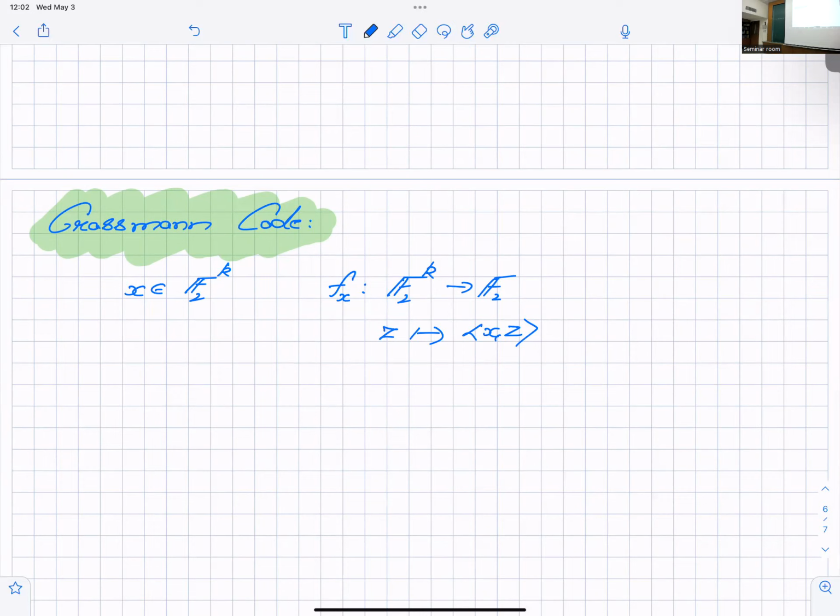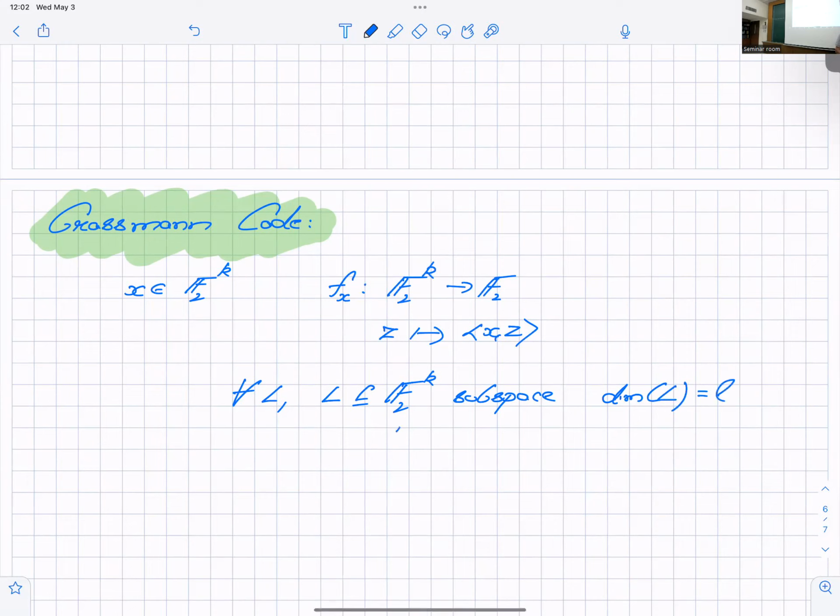But now what I will further do in the Grassmann code is this: instead of giving this linear function as a truth table, giving it at every location, we will give this linear function not for every location, but for every L such that L is a subspace of F2 to the k, and the dimension of L is small l.